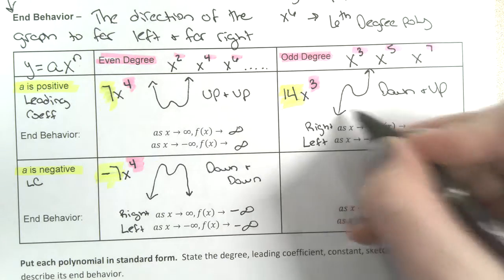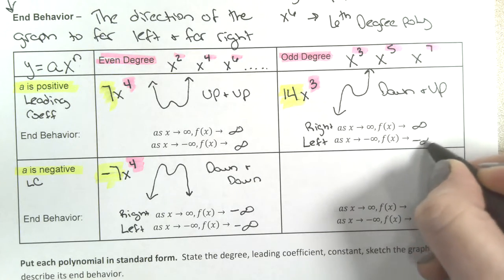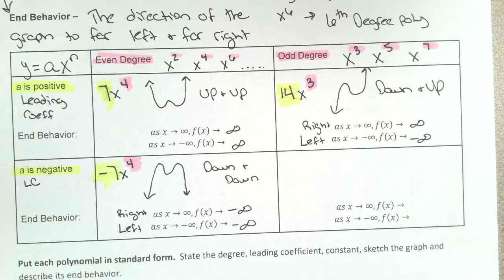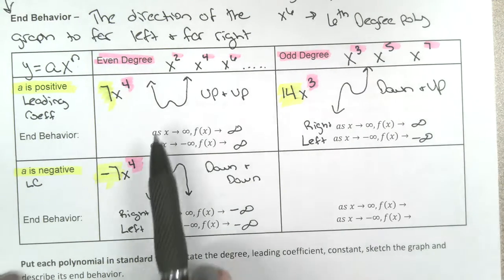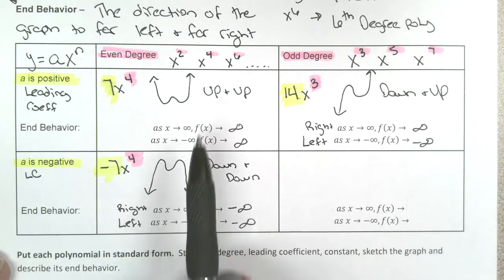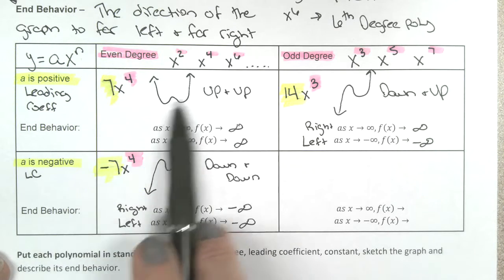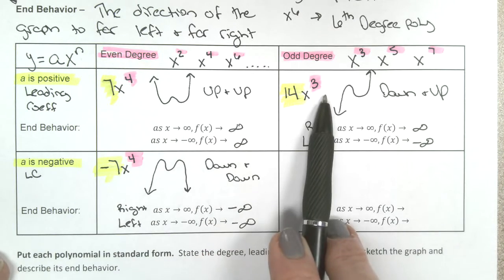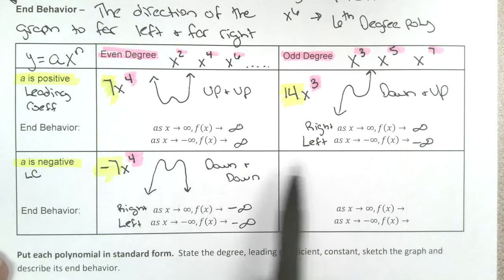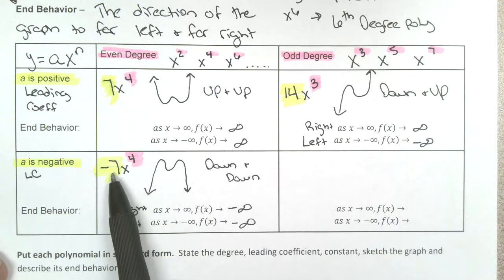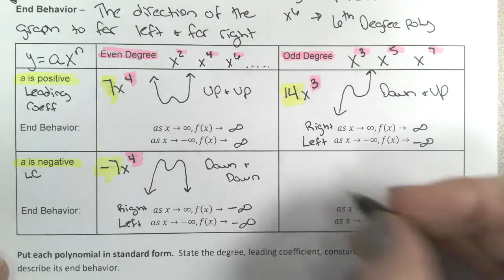Your graph is going down to negative infinity. And if you can memorize what this one does and this one, then every time you make your leading coefficient negative, it just flips it all.